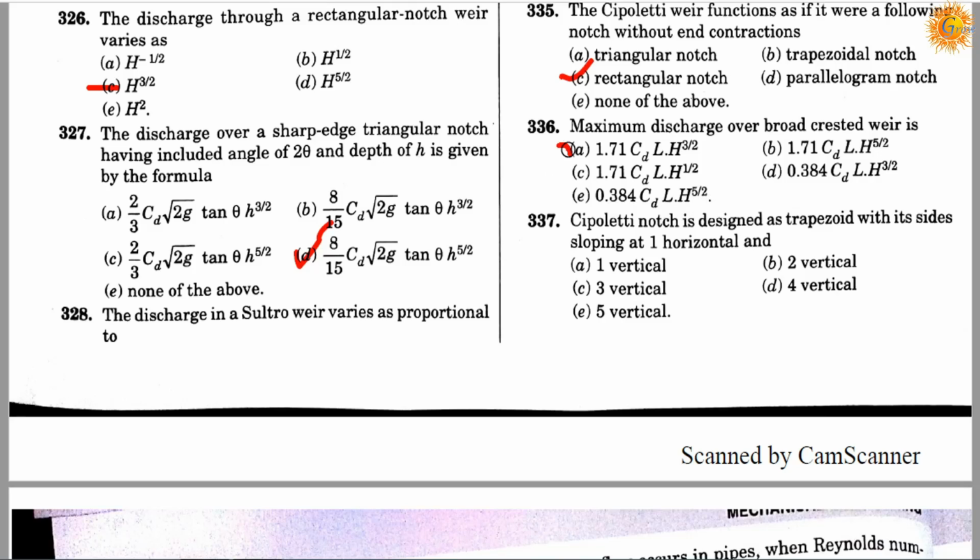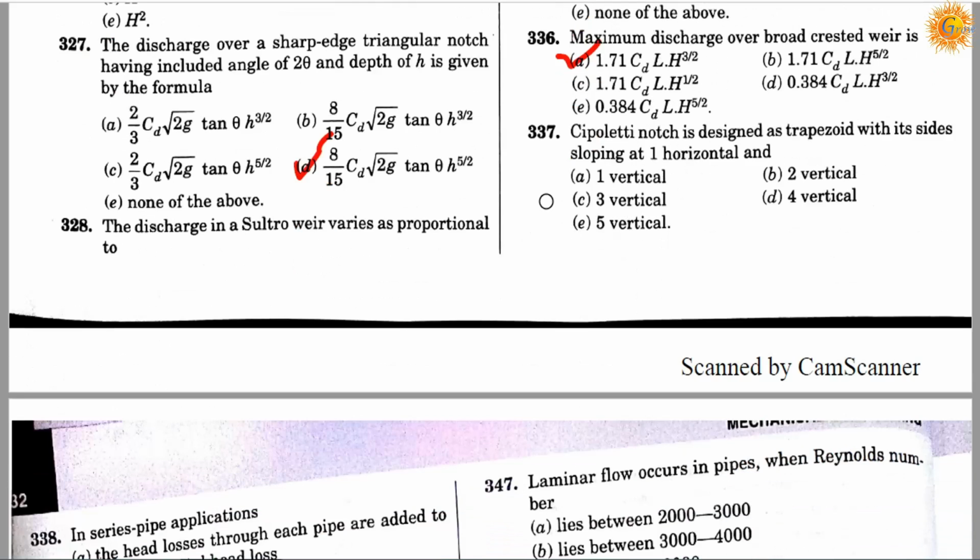So the correct answer is A. Maximum discharge over broad crest weir is 1.71 CdL H power 3 by 2.